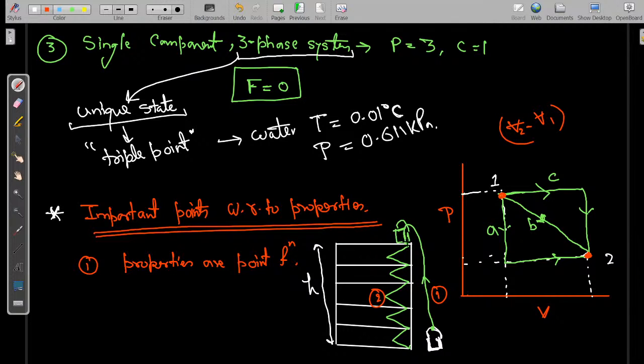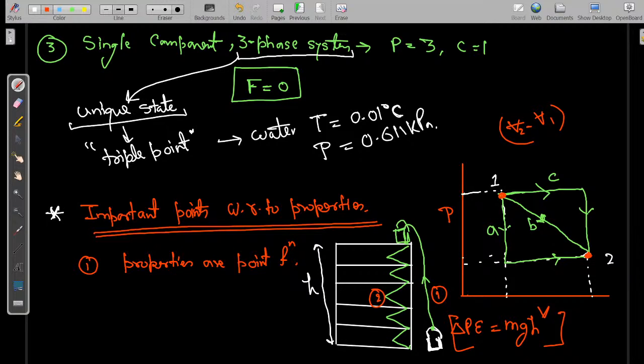But when I am talking about the change in potential energy of the water in the bucket, what will you say? You will say that the change in potential energy is mass in the bucket into g into h. In both cases, the change in potential energy will be the same, whether you are going through the stairs or pulling it through the rope. So it does not depend on the path followed. That's why I have written that properties are point function.